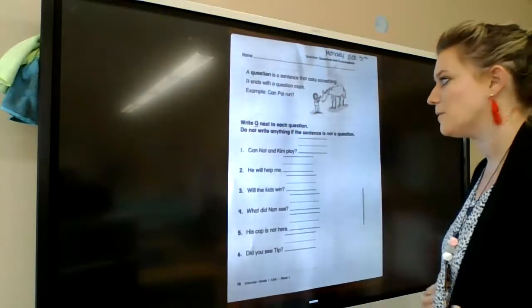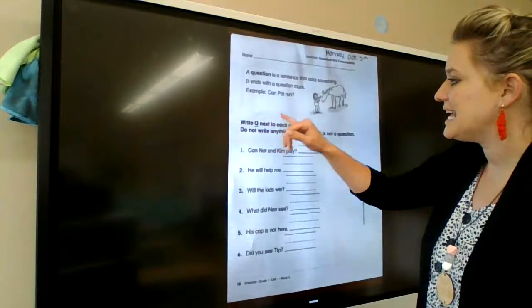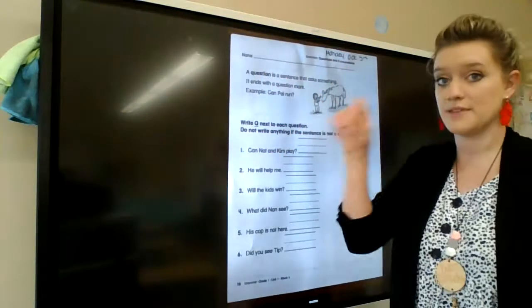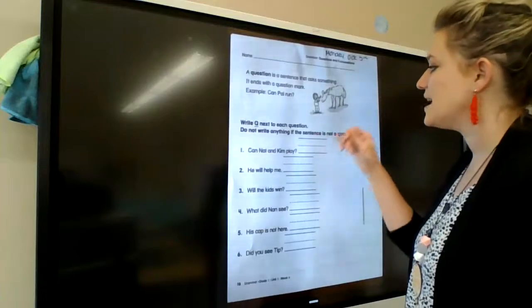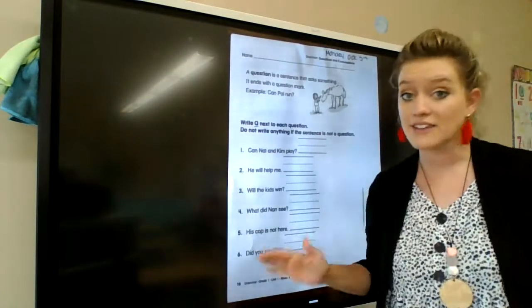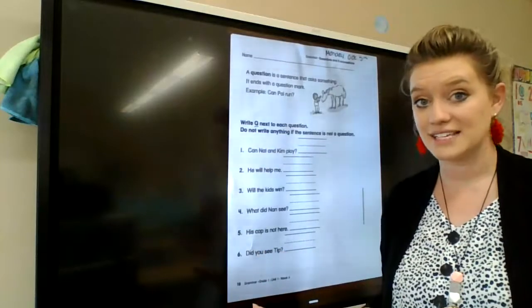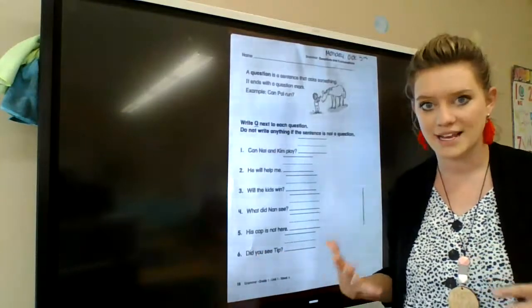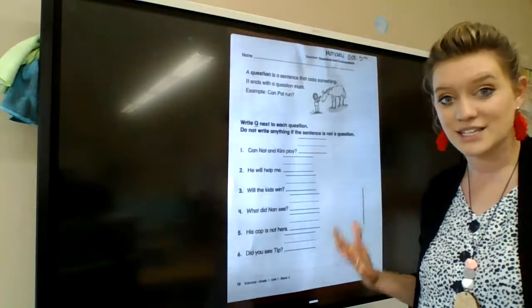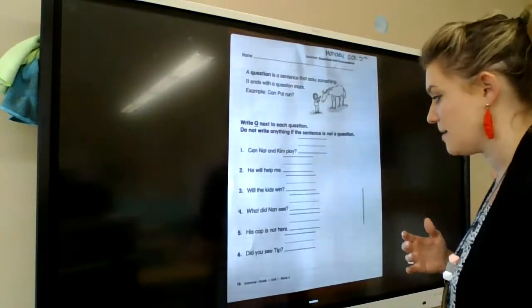Can he? We don't know. So we are going to write a Q, the letter Q, because the word question starts with a Q. Write a Q next to each question. Do not write anything if it's not asking a question. Okay, so we got to be like an investigator here. We got to really look and see which sentences are asking questions, okay?